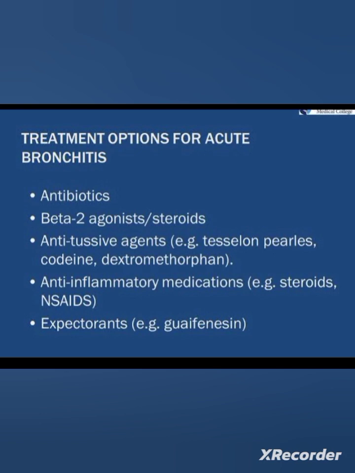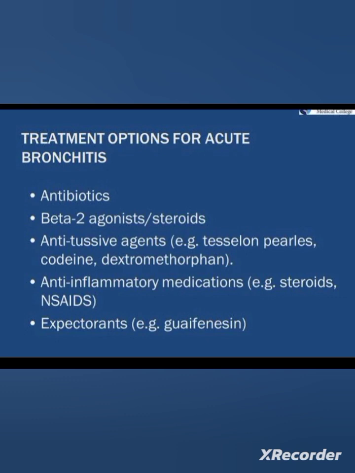Then expectorants, especially in productive cough, in order to remove the sputum. Then non-pharmacological methods, especially postural drainage, will be very helpful for this patient. That helps to reduce the sputum, so the sputum will be coughed out.